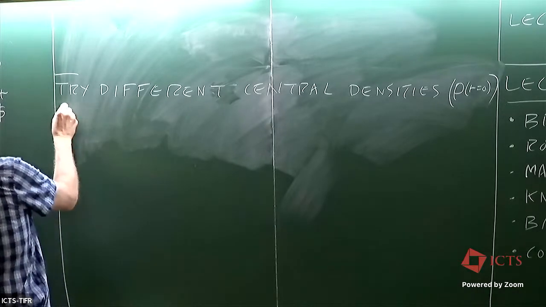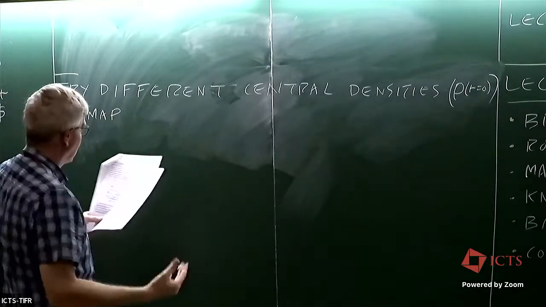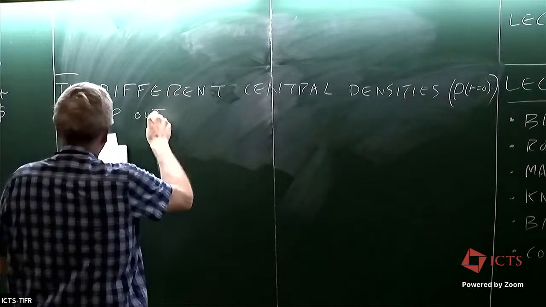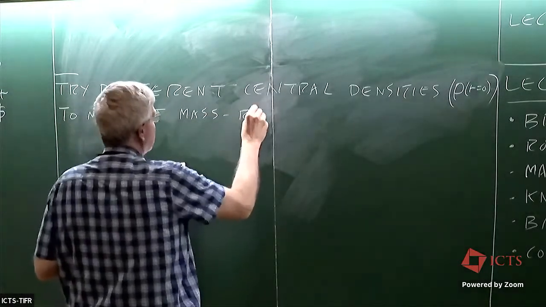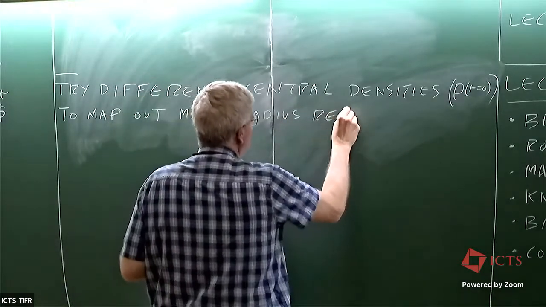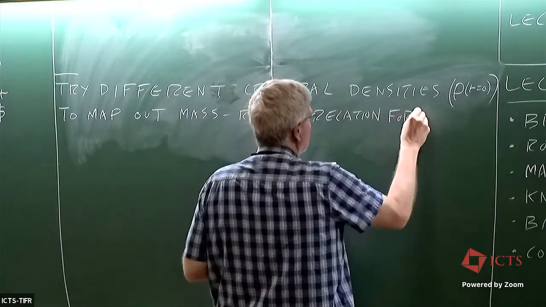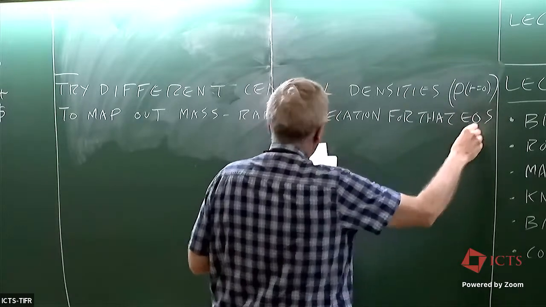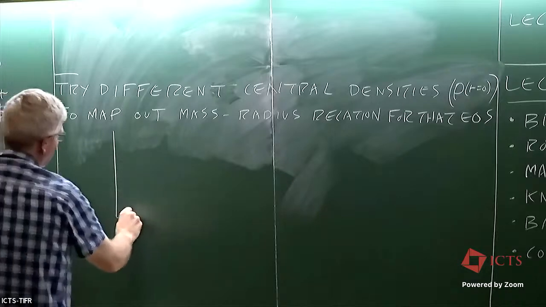And that allows you to empirically, in the sense of numerical integration, map out the mass-radius relation I alluded to earlier for that assumed equation of state. So let me just sketch that.